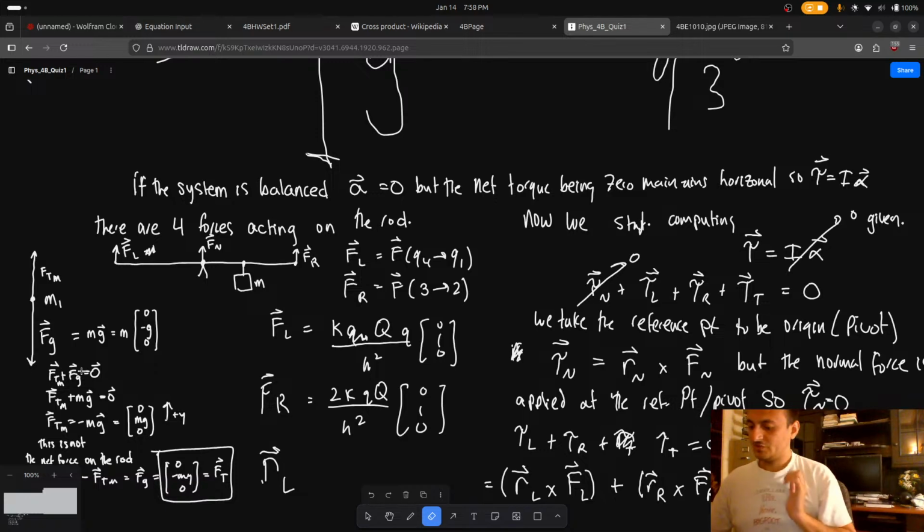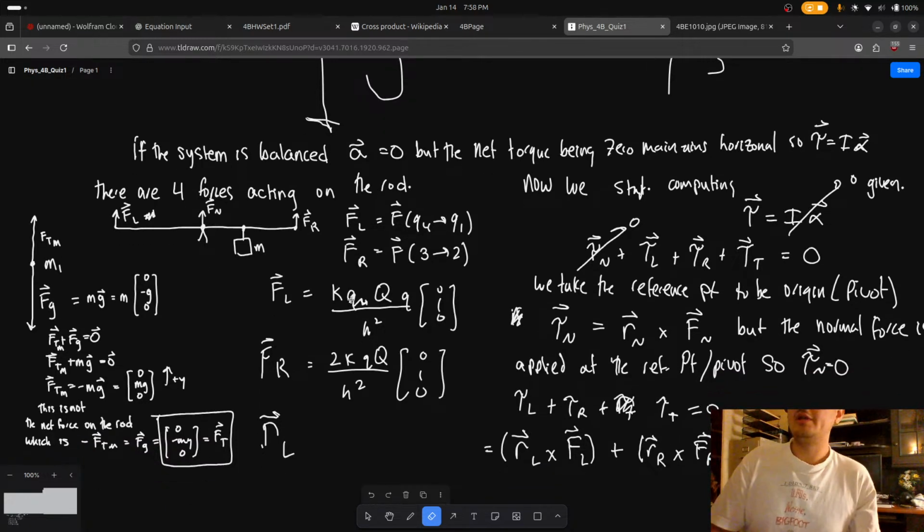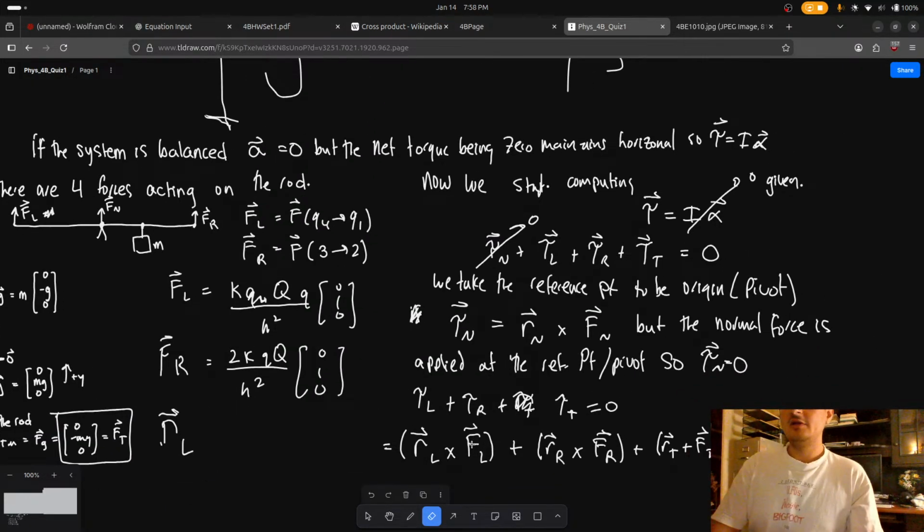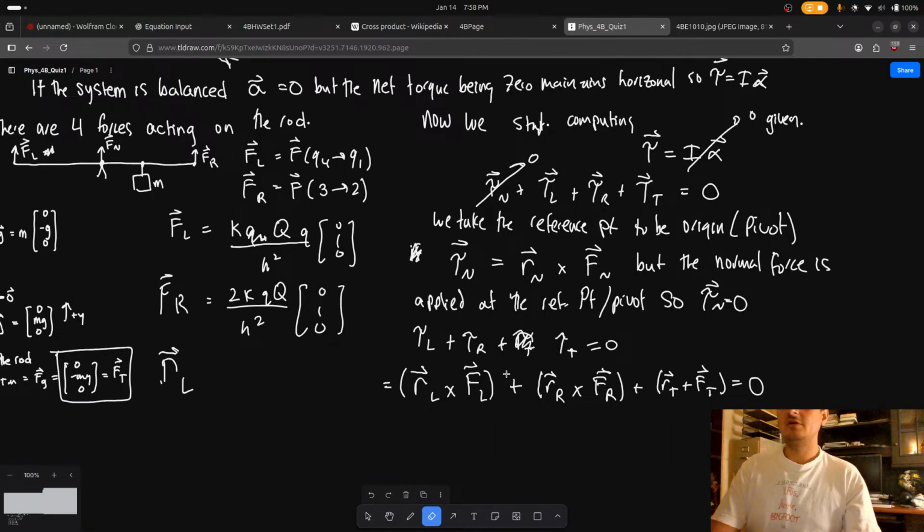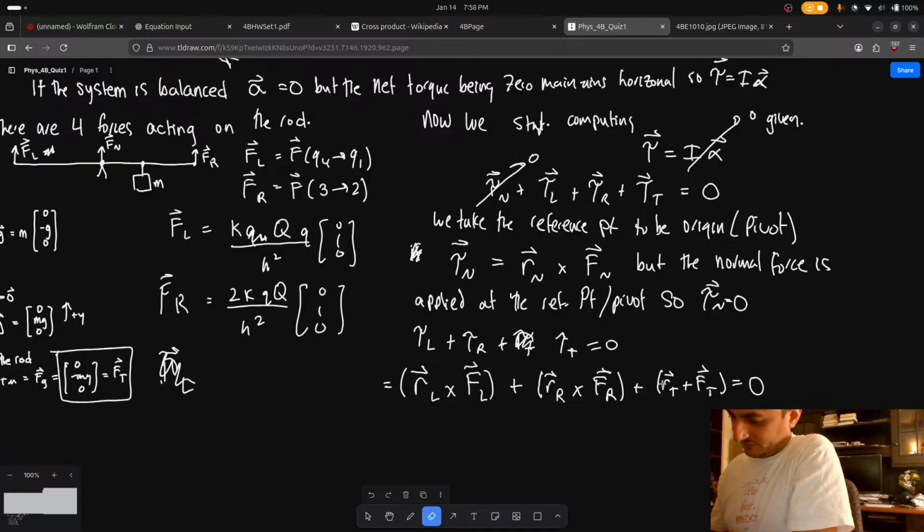Okay, so now we kind of know what we need to find out. We have the forces, now we just need the R's. Okay, so what is RL? Let's do it over here. Let's zoom in.